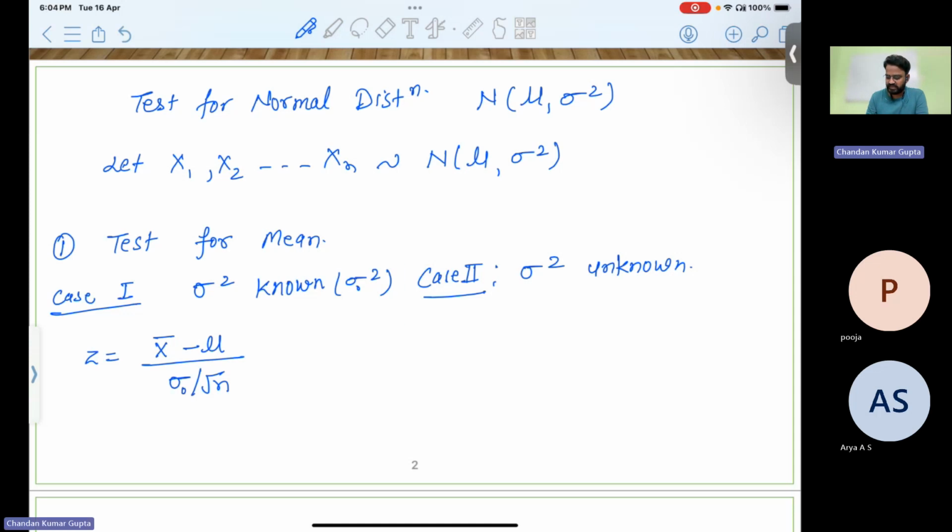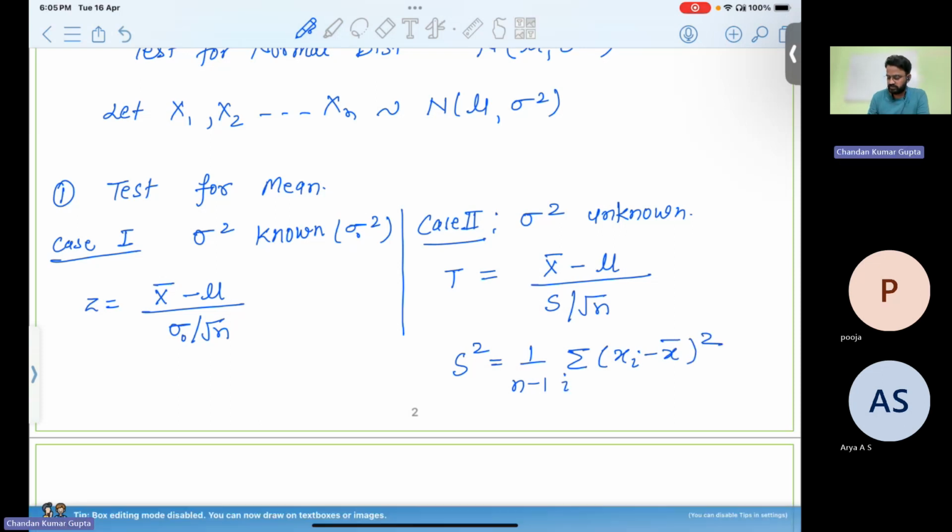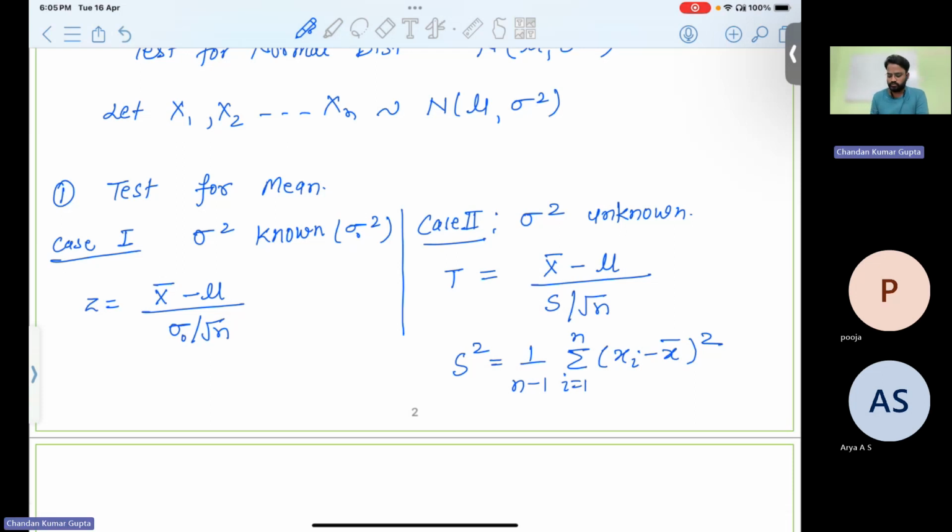In case it is unknown, we define the statistic T in a similar manner: x bar minus mu upon S, since sigma is not given, we use a statistic for sigma, the sample standard deviation, where the sample variance is S square equal to 1 upon n minus 1 times the sum of xi minus x bar whole square. Okay, so these are the two conditions, and the test statistic is defined in such a way.